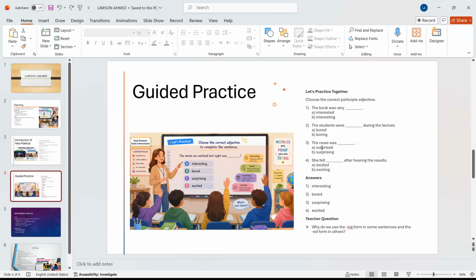Now number three, the news was A. surprised, B. surprising. Now here, as you see, the news isn't a person, it doesn't experience feelings, so it causes them. So the news was surprising.